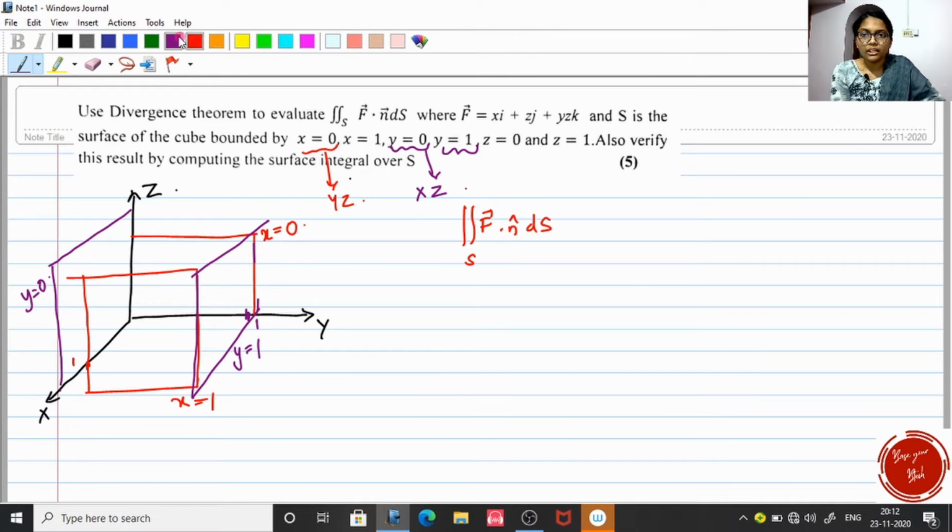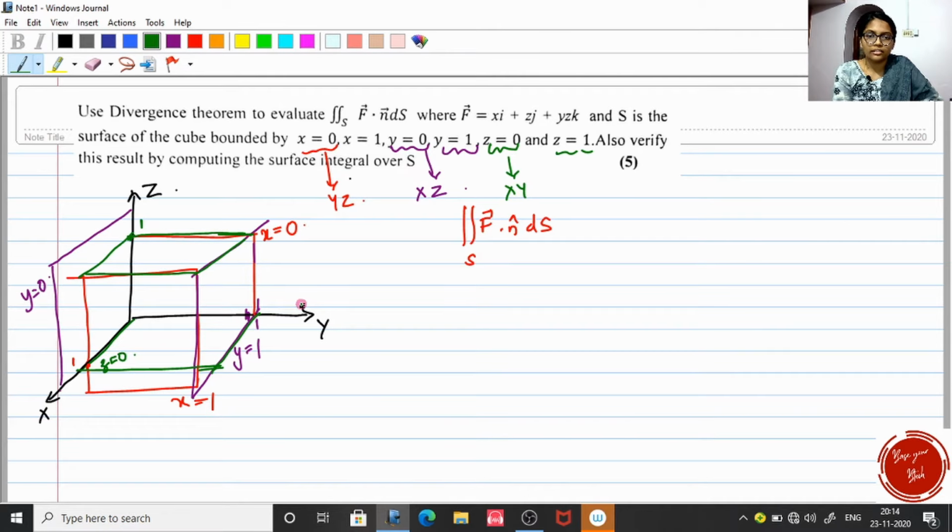Fine. Now the next set is z equal to 0. z equal to 0 is the xy plane. So here is your xy plane. This is your z equal to 0 plane, and z equal to 1 is the plane parallel to the xy plane, which crosses at z equal to 1.